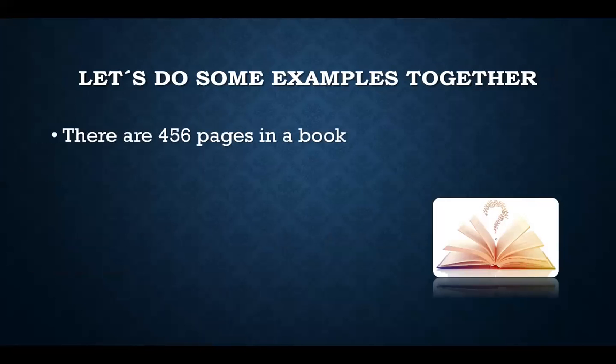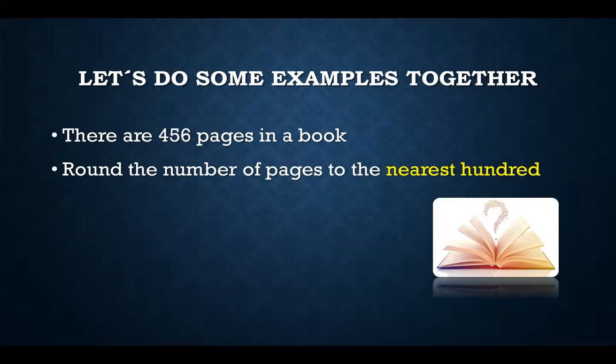It says there are 456 pages in a book. Round the number of pages to the nearest 100. Eileen, can you help me doing this, please? Eileen, here is another example. It's very close to the marble, but in this case, I have a book.